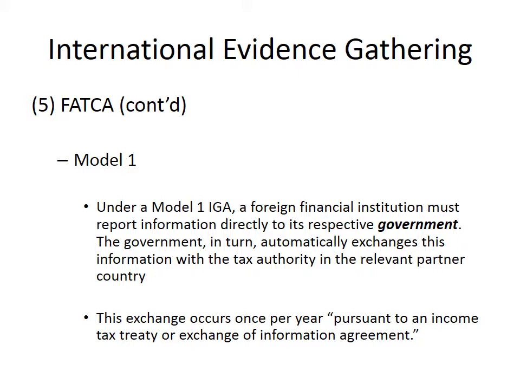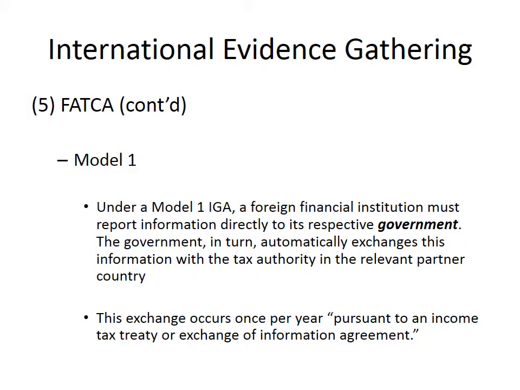So, under Model 1, as we know, the Swiss government will soon be transitioning to that model. Once it officially does, what will happen is that a Swiss bank will essentially exchange all of the information pertaining to its U.S. account holders to the Swiss government or the Swiss taxing authority.